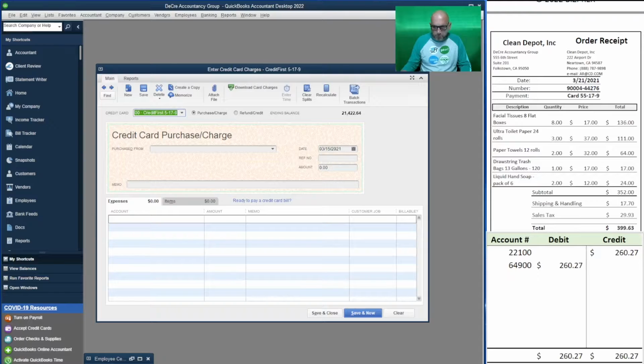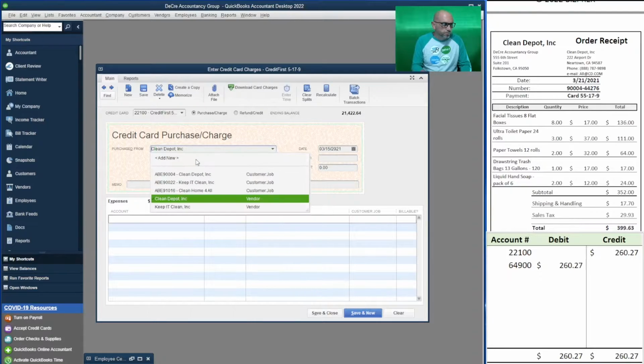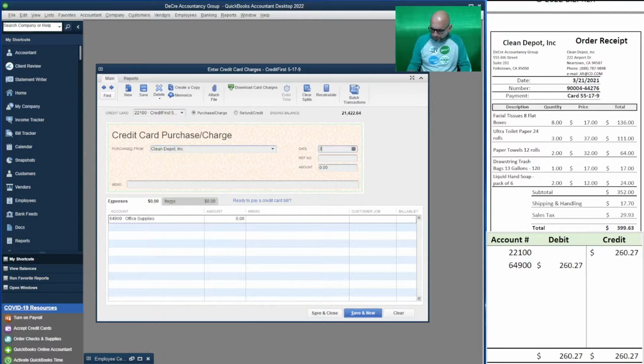Other supplies for the office, like tissue, paper, and to me, again, that's all office supplies. So similar.